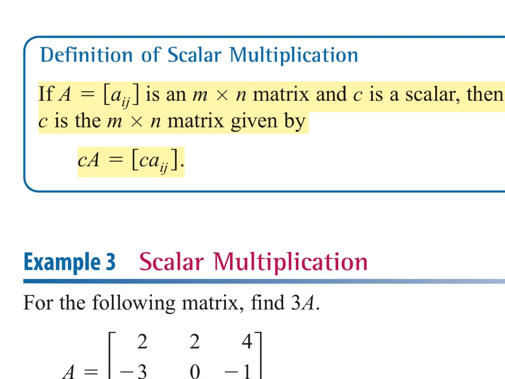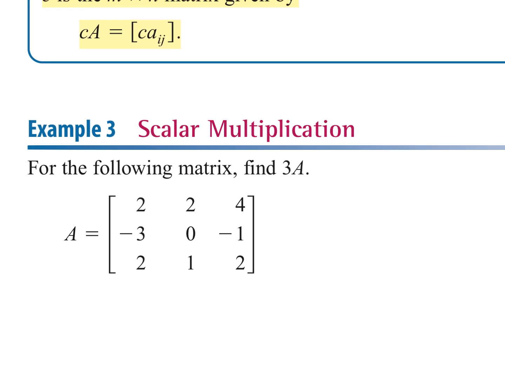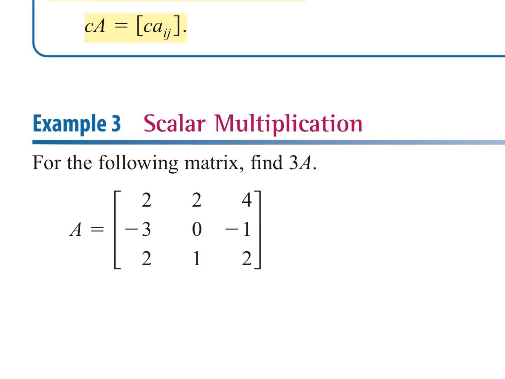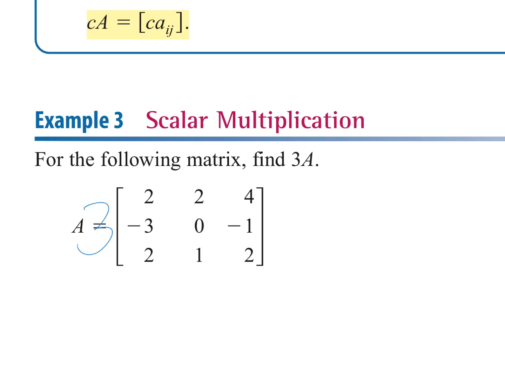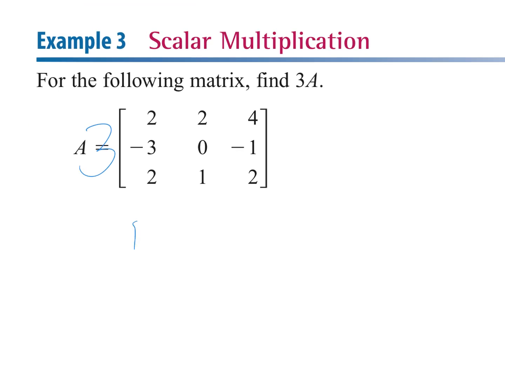All right, scalar multiplication, like I just said, it's just the distribution property. You have a number out in front of your letter for your matrix, and what are you supposed to do with it? It says 3A. This is scalar multiplication. All this means is you've got a big 3 right here. So what do you do with that 3? You distribute it where? To everything, all right?